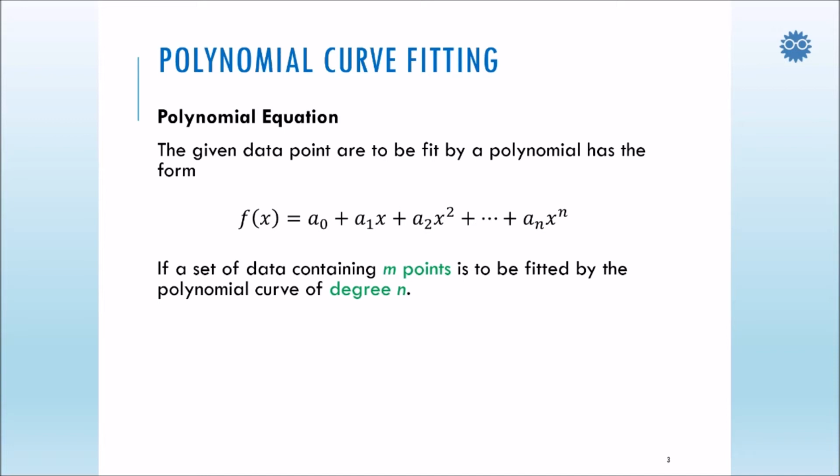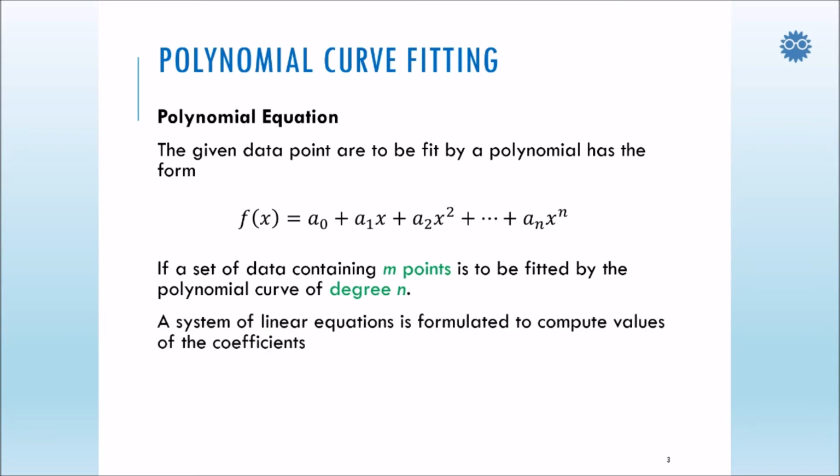So when we have m points or m xy data values, they would be fitted by the polynomial curve of degree n, and n is selected according to the trend of the curve. That means we need the best fitting curve, so we may try some 2 or 3 choices of the polynomial until we get the best fit.